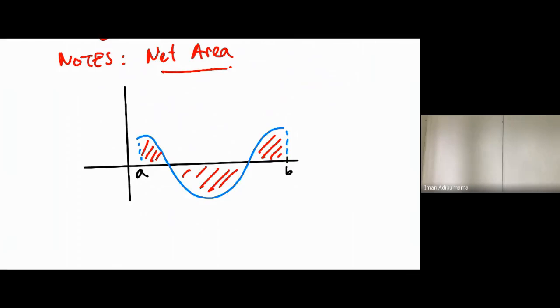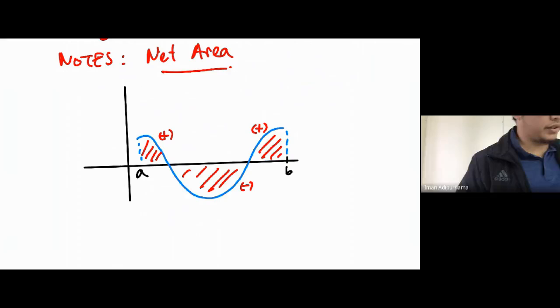So everything above the x-axis will be positive, and this will be negative. So this is negative, this is positive. Just a note to make sure.